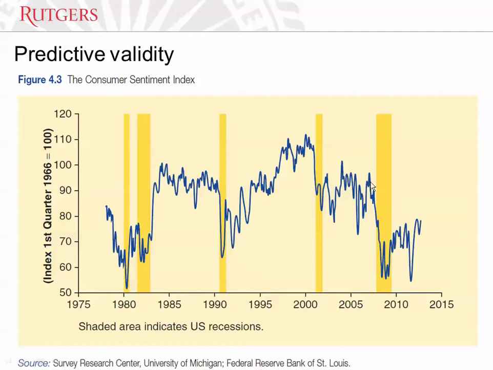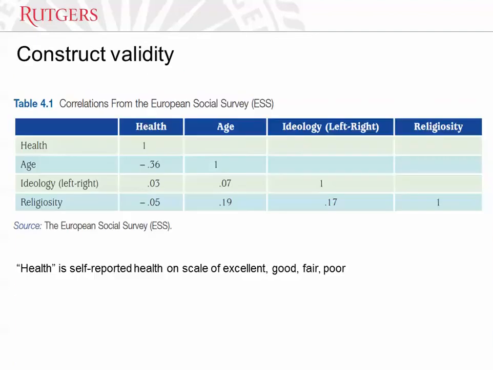That led to an extreme drop in consumer sentiment, which was part of the reason the economy went into a bad recession, because people just pulled back on their spending, stopped buying cars and appliances and houses and other things. So this is evidence that the consumer sentiment index has some predictive validity, even though it's simply a set of questions on a relatively small survey.